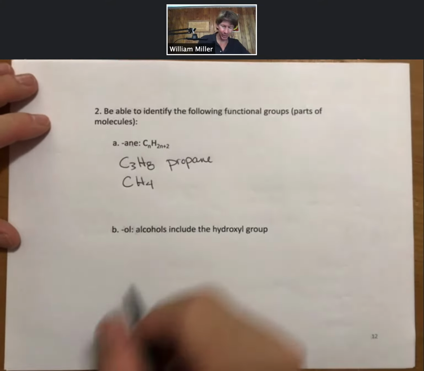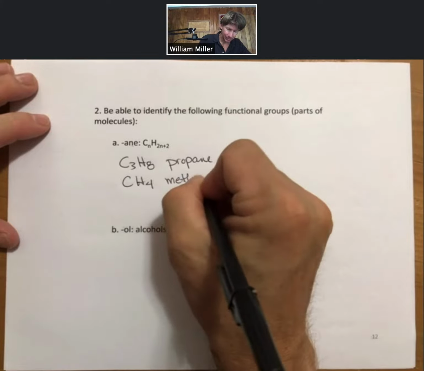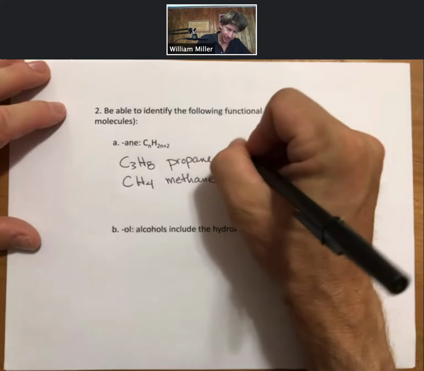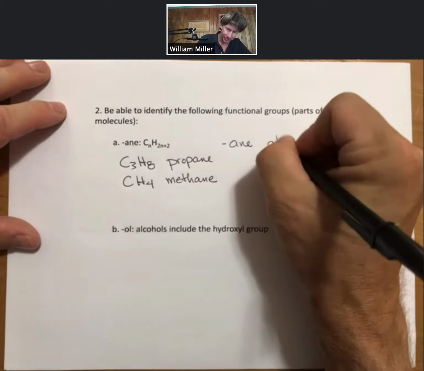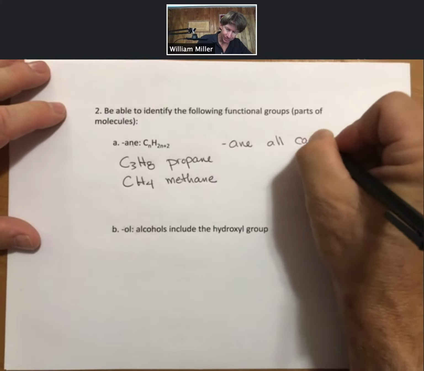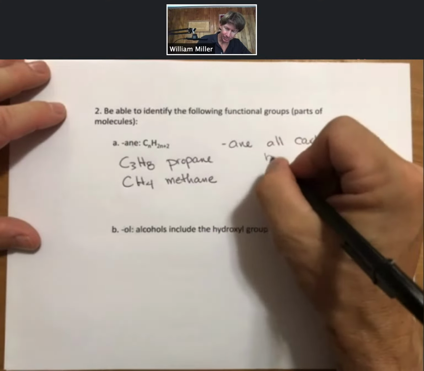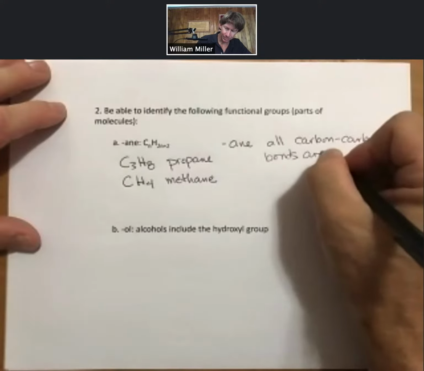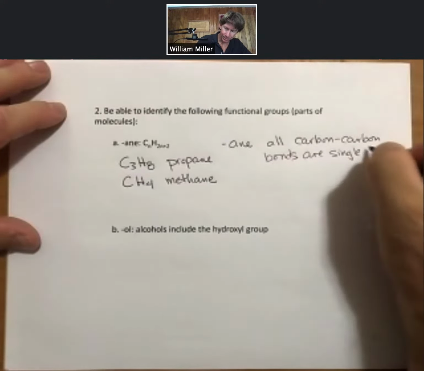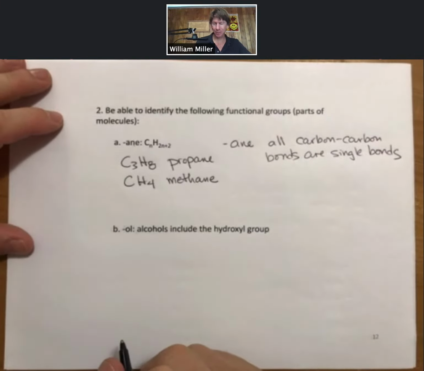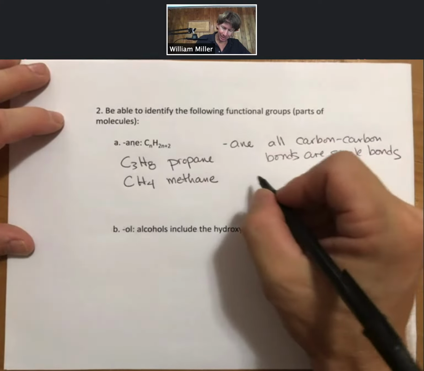CH4, methane. And the ANE ending signifies that all carbon-carbon bonds are single bonds.